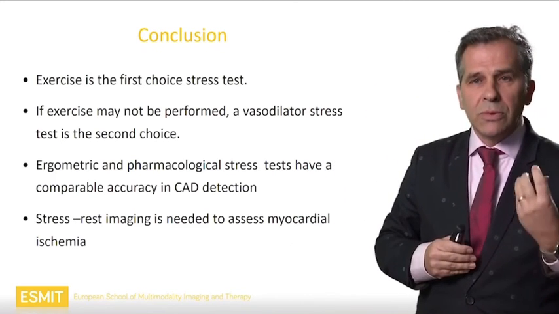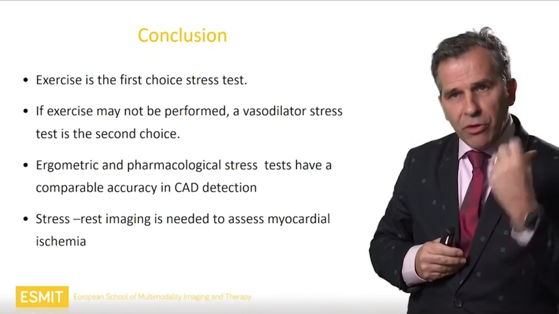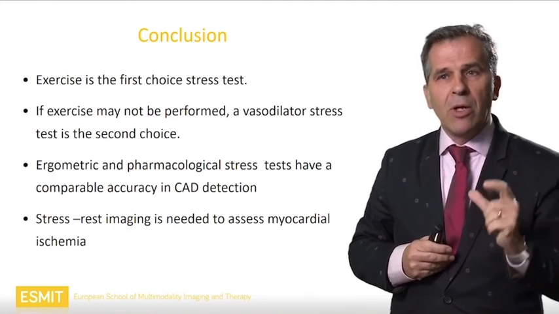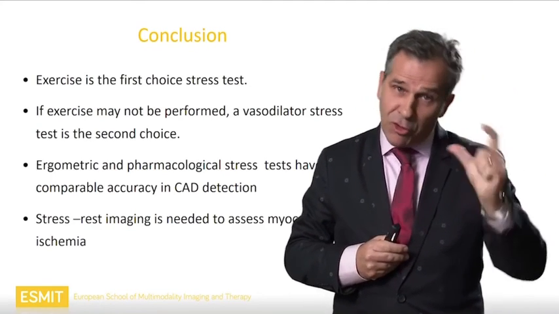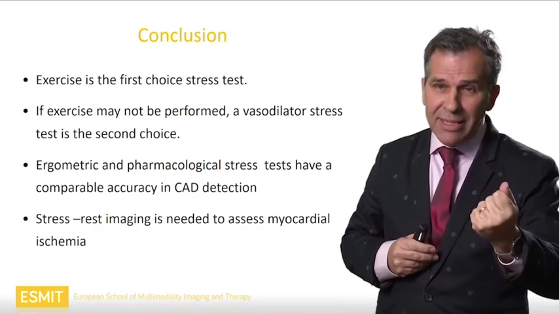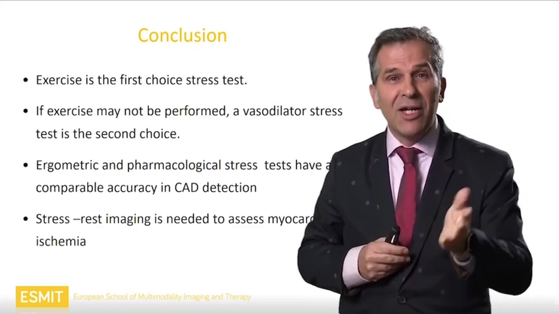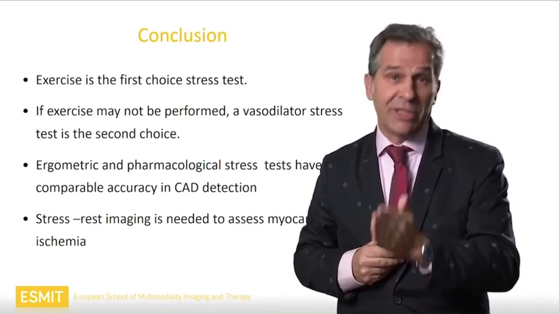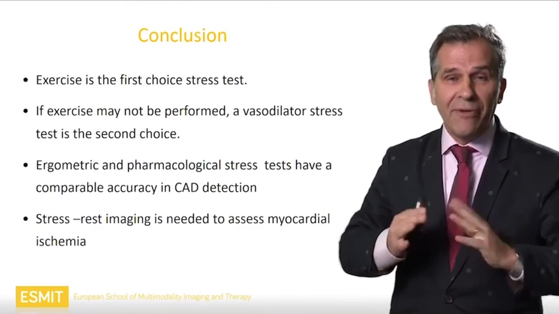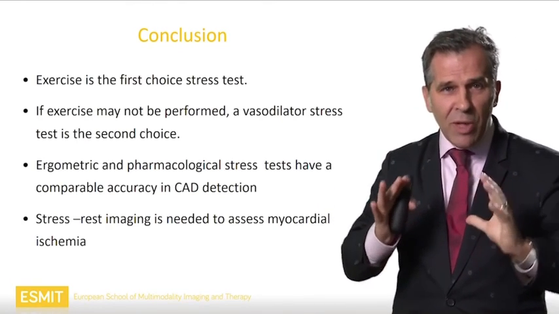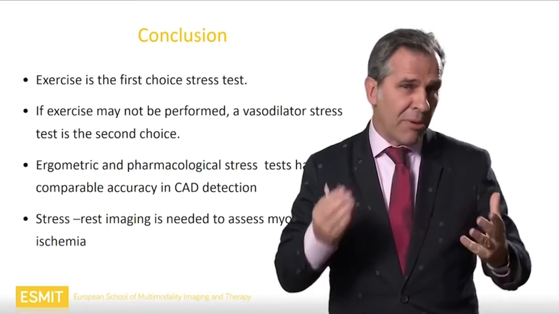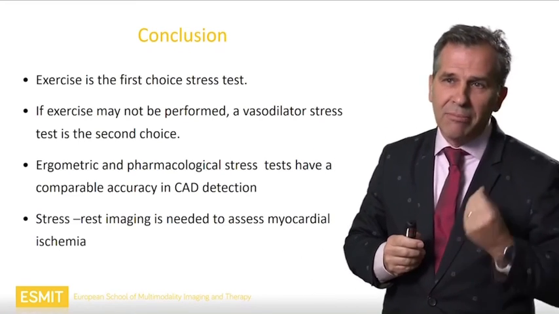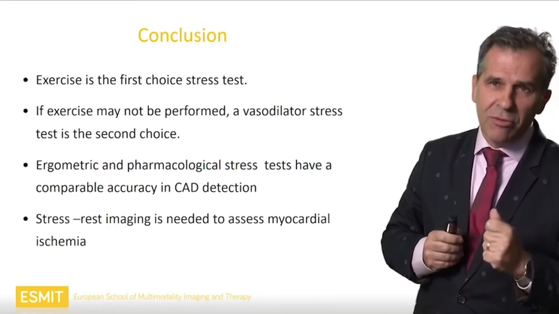What is important for the nuclear physician is to make stress, of course, to detect ischemia. But to detect ischemia, you need a second step, which is rest condition. So finally, this is stress-rest imaging, which is very important to detect myocardial ischemia. Thank you for your attention.